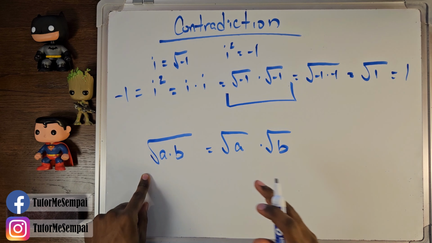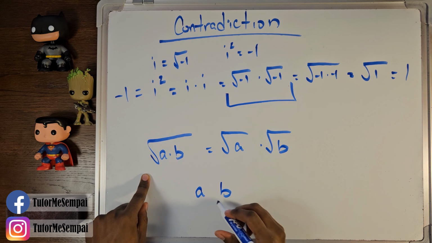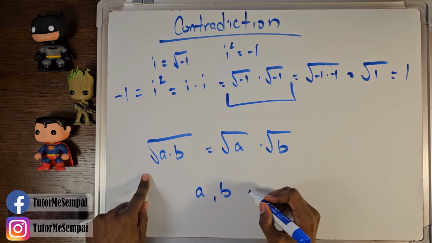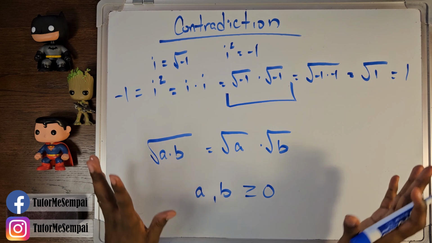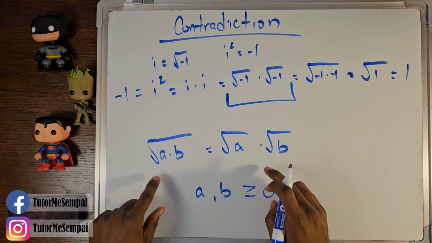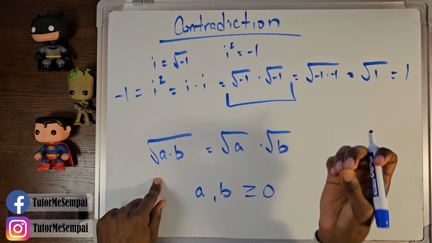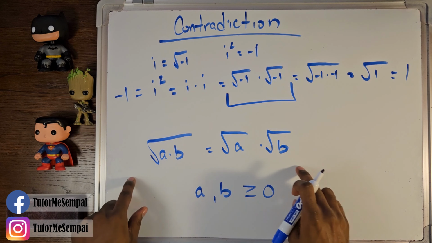But in order for this to be true, A, B, either one of them has to be greater than or equal to 0. Not both. If you have at least one that's greater than or equal to 0, this is true. But when you have them both negative, if they're both less than 0, this is not true.